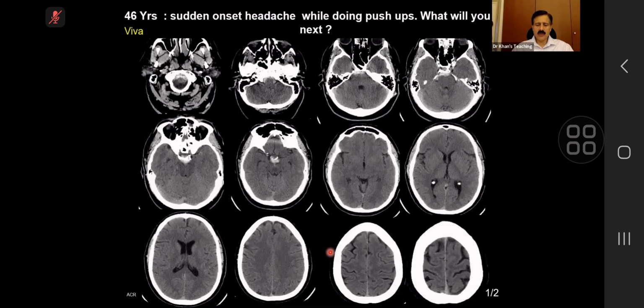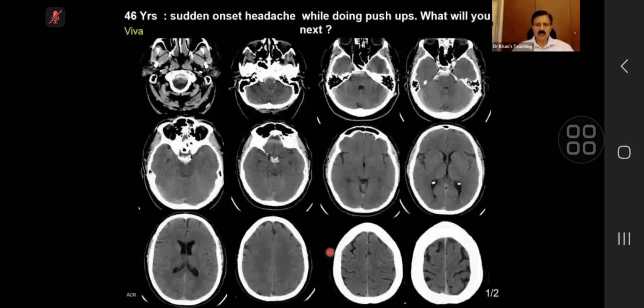So, when you do a 4-vessel DSA and there is no aneurysm, what does it mean? It can still mean that there is an aneurysm which is not visible because of 2 reasons. What can be the 2 reasons? Either there can be spasm of the vessel or there can be thrombosis of the aneurysm. So classical teaching is to repeat it after 7 to 10 days. So I take you back. When there is subarachnoid hemorrhage, do a CTA.